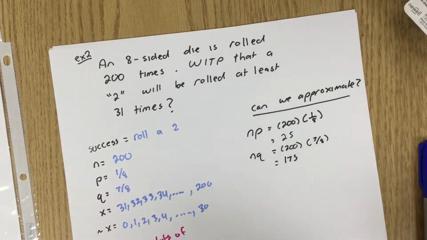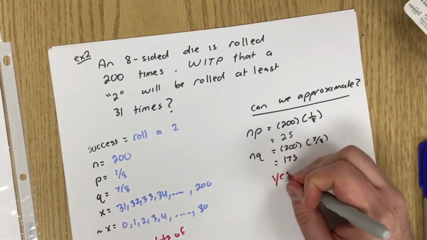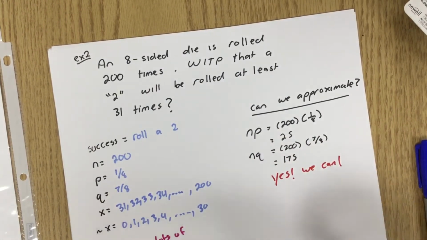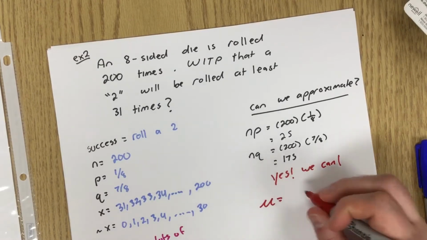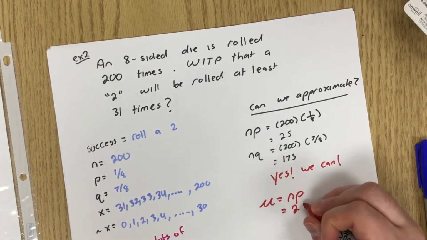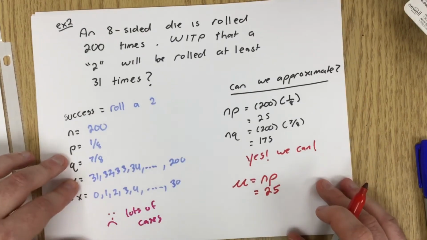So therefore, yes, we can approximate. And now our assumptions are going to be that the mean is equal to np, which is going to be equal to 25.